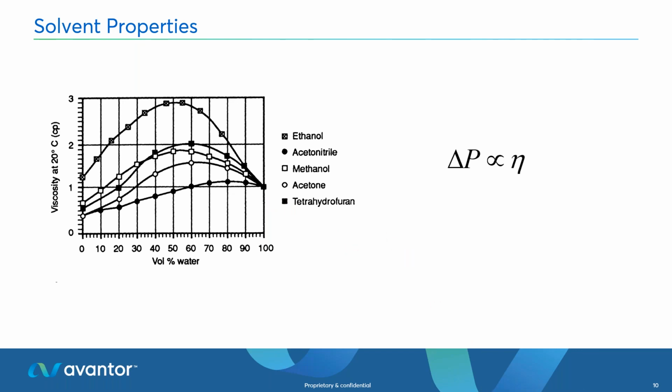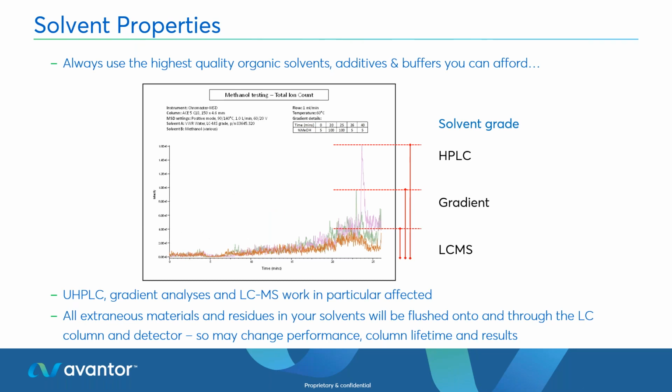Now, I mentioned the quality of our solvents, and really it's worthwhile deciding on which type of solvent to buy based on your detection mode. What I mean by that is if you're using mass spec, there are mass spec grade solvents out there.